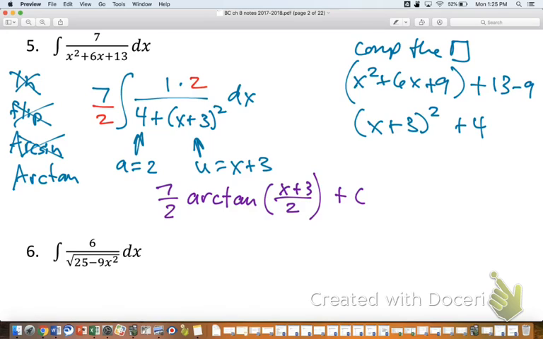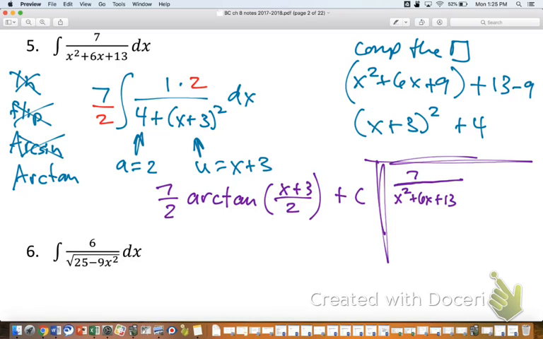Question, Dylan? I'm wondering, is it okay? We did it a different way. We tried to split up the denominator into 7 over x squared plus 7 over 6x. No? That doesn't work. Why doesn't it work? I did it that way, but... So we actually were talking about that back there. It's 7 over x squared plus 6x plus 13.